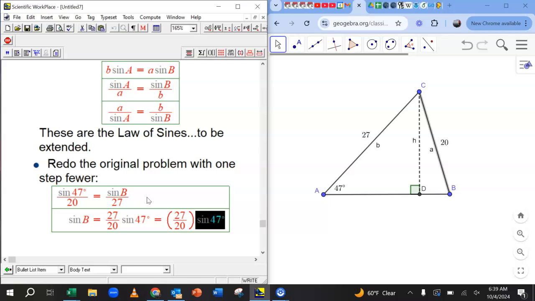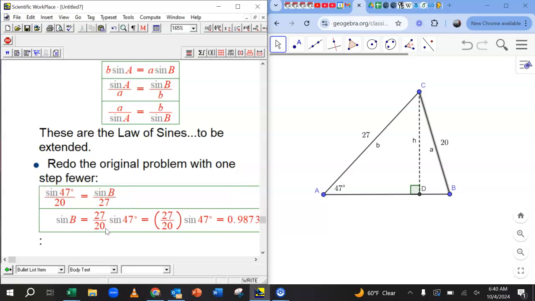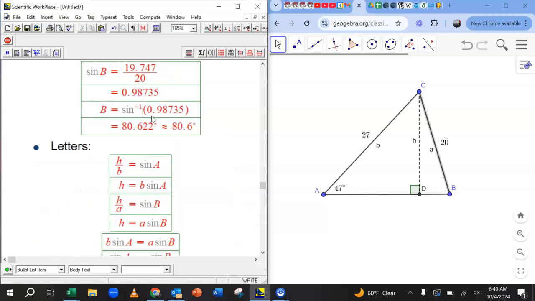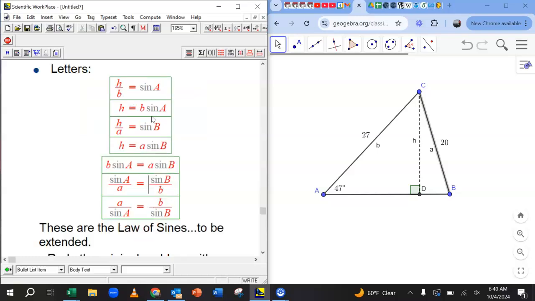So we take the sine of one of the angles, and we get a ratio of the side that's opposite B, the new angle, divided by the side that's opposite this angle, the angle 47, right? And so this is going to be a familiar number. Let's make sure. Okay, that's that 0.98733 that we had before. And then the last step is just the same. It was to take an inverse sine. So that's not going to be different.